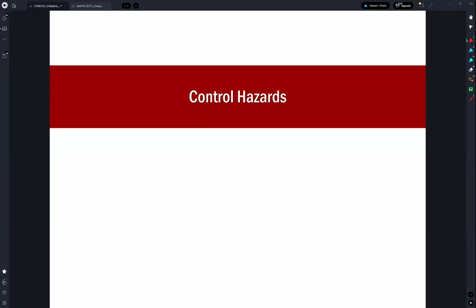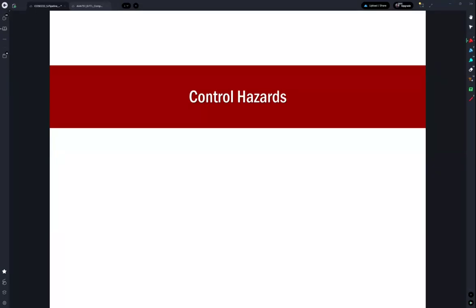In the previous class, we learned how to handle data hazards. In order to handle data hazards in the pipeline processor, we first detect the data dependencies, and once a data dependency is detected, we can forward the data to the input of the ALU.